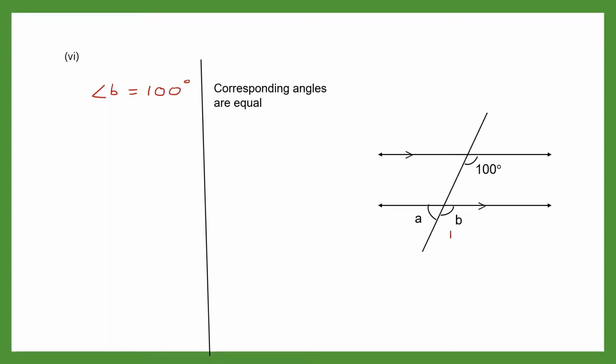Now that we know the value of angle B, that is 100 degrees, we can easily find out the value of angle A. If you look carefully, angle B and angle A are on the same straight line. Can you see? They are on the same straight line. They are adjacent angles.